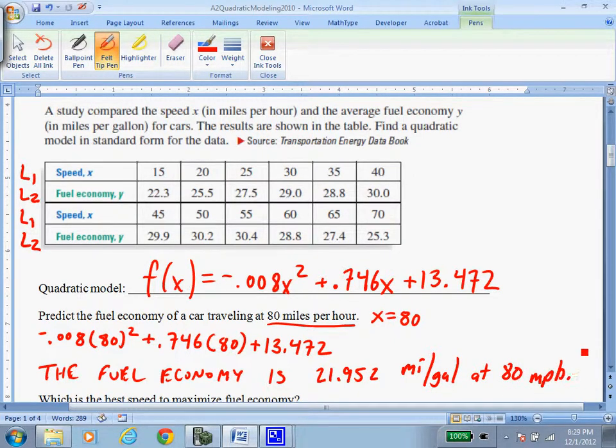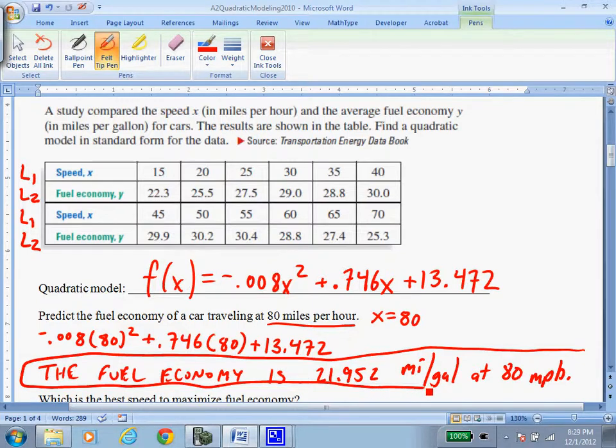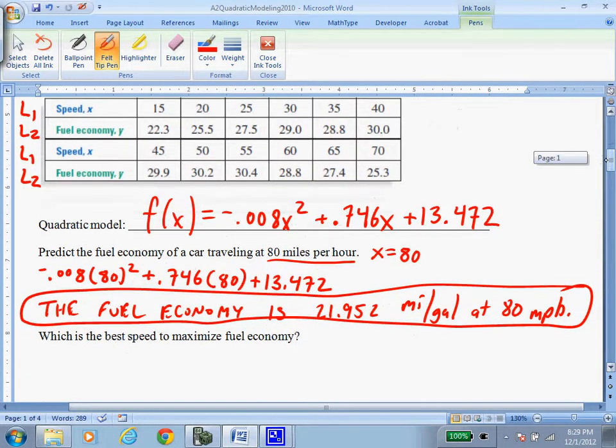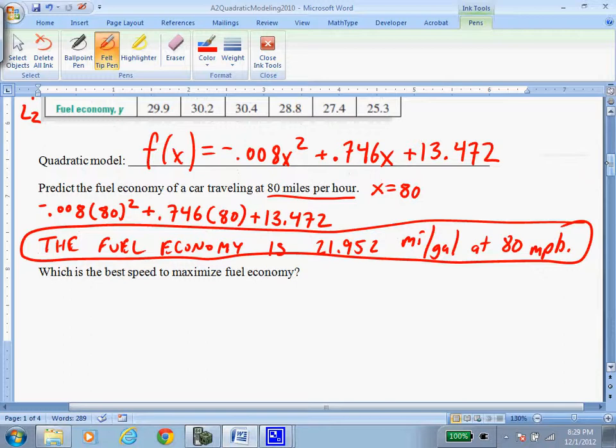So again, I took all of the information from the problem and used it in the context, and I wrote my answer as a complete sentence using the context of the problem. Question number 2 asks, which is the best speed to maximize fuel economy?